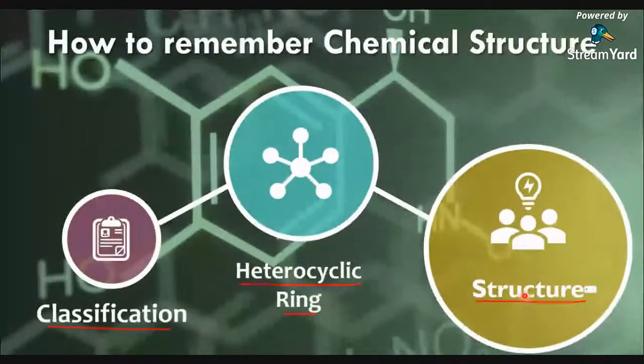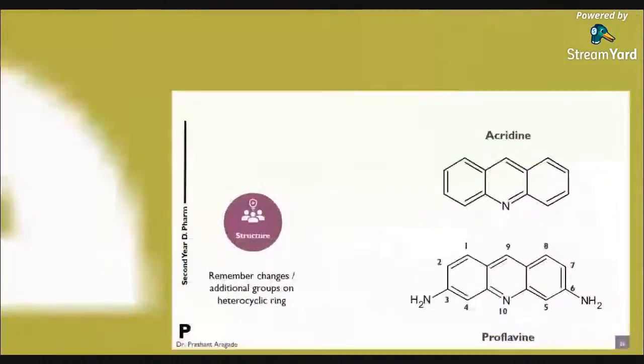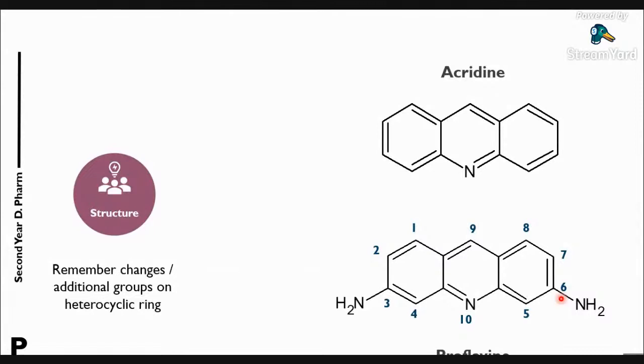Step 3 is the most important step, the remember stage. That is, you have to remember the structure of the drug now. But here is the effective way to remember the chemical structure. Just observe the structure of the heterocyclic ring and the structure of the drug, and try to point out the additional groups or the changes in the structure of the heterocyclic ring, so that it will get converted to the structure of the drug.